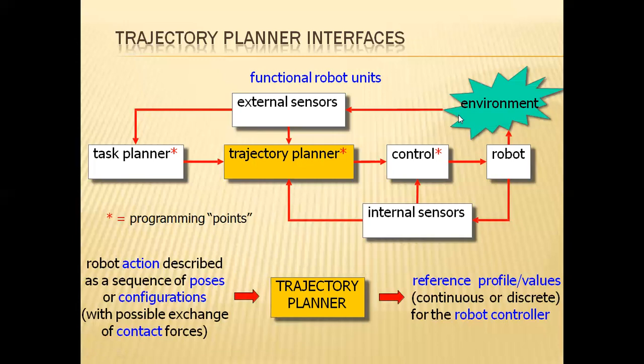And whether those actions are within the environmental conditions or not will be specified by the external sensors, and those external sensors will give the signals to the trajectory planner on whether the execution is taking place within the limitations as per the directions given in the instructions or not.